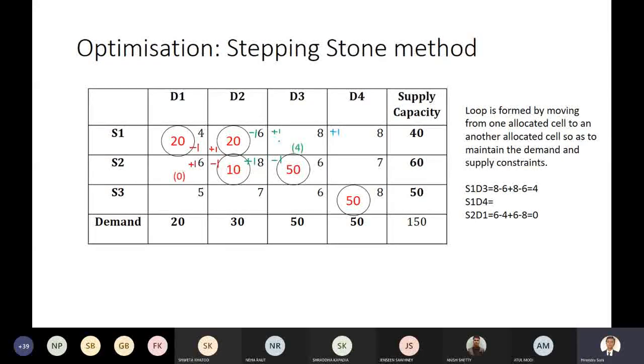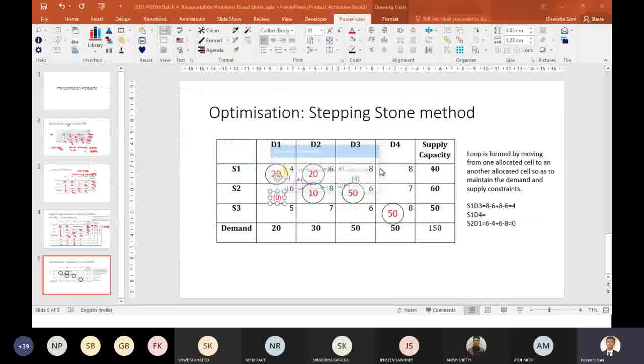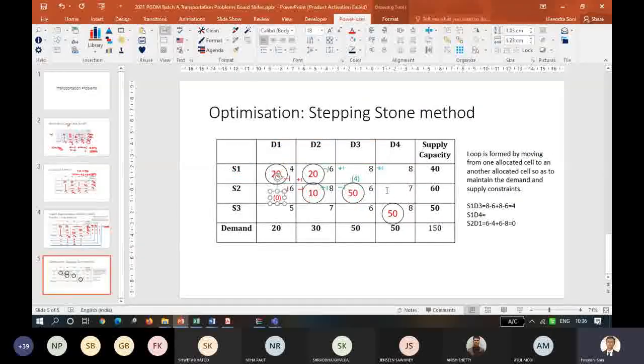So that is an introduction of an epsilon. If I assume an epsilon here, then I will be able to form a loop 1, 2, 3, 4. Correct? And epsilon will be almost equal to 0.